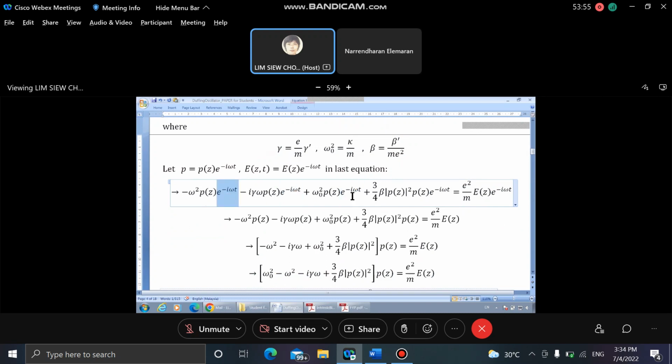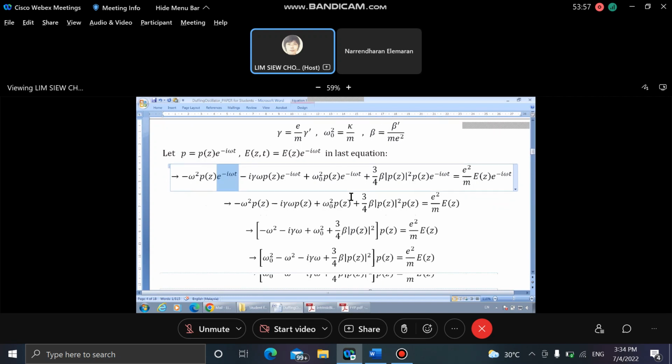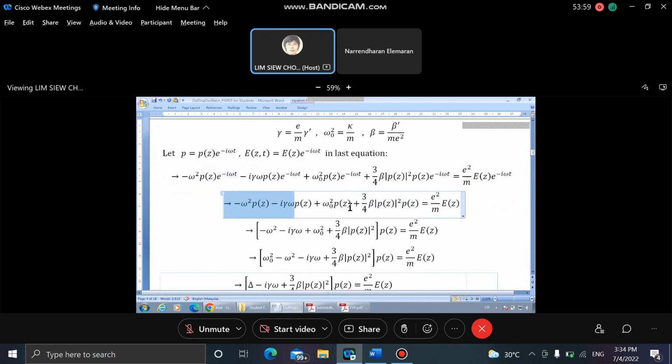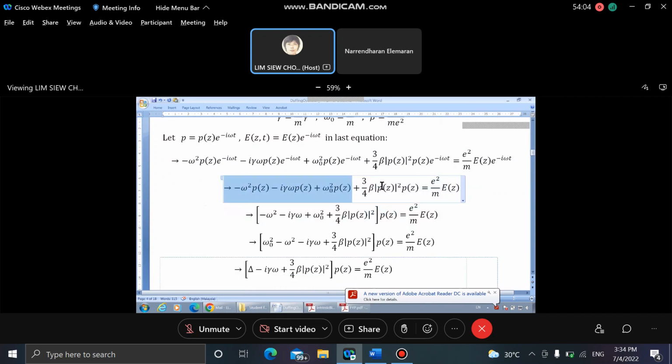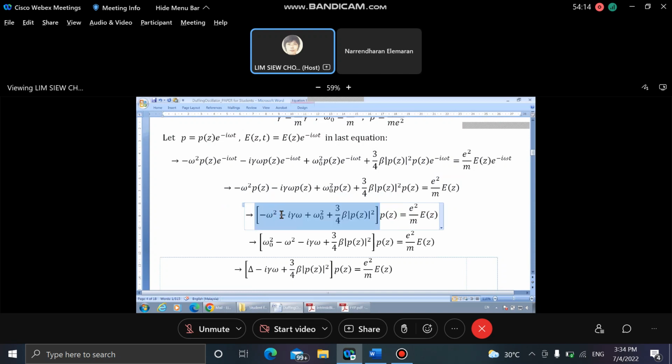You can cancel all the exponent, so you are left only with this. And for the left hand side of the equation, every term carries pz. So after this, you factor out all the pz. So inside the bracket is minus omega squared minus I gamma omega plus omega naught squared and then plus this. Okay.